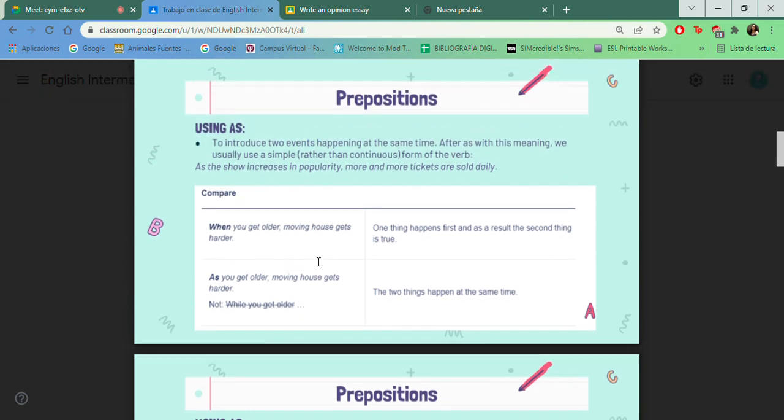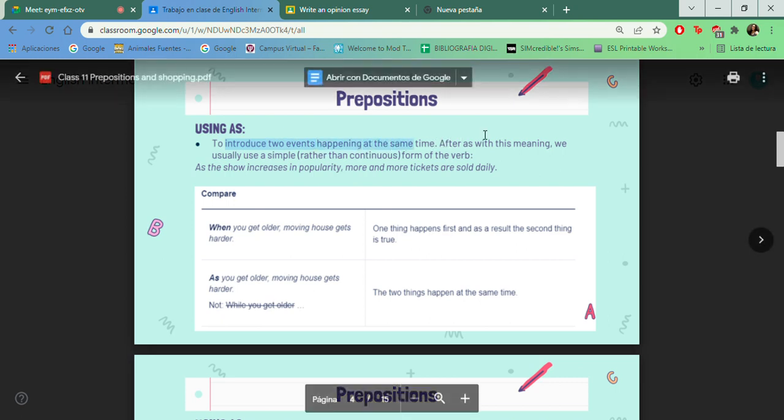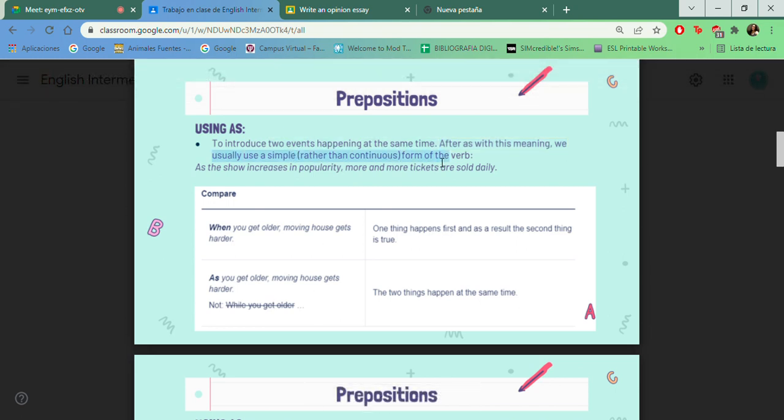Well, here you can say it to introduce two events happening at the same time. After as, with this meaning, we usually use present simple rather than continuous form of the verb. As the show increases in popularity, more and more tickets are sold daily.